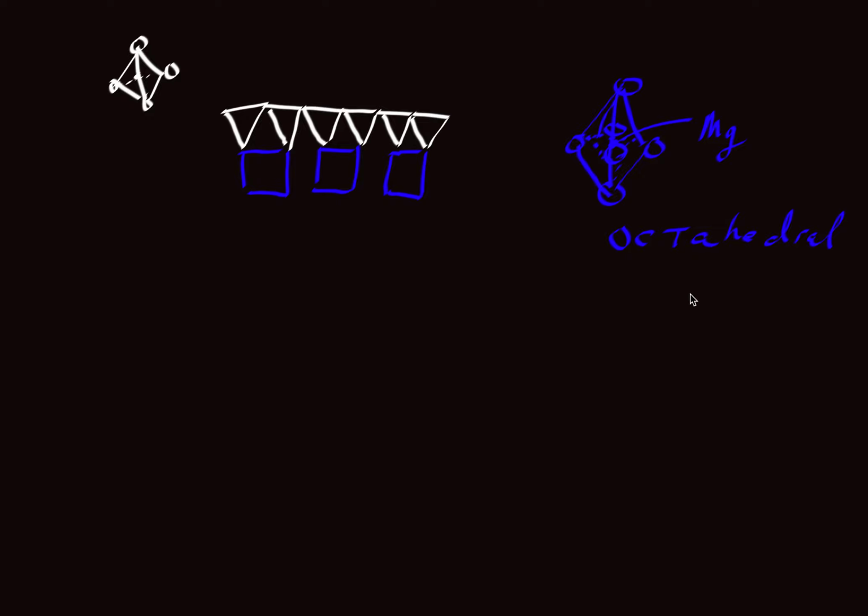So it's 6-fold coordination, but it makes an 8-sided figure, so it's an octahedron. So we call it an octahedral layer. So we'll just make that an O, and then we will refer to this fellow as a T layer, since it's tetrahedrally coordinated, and it makes a tetrahedron. So we have octahedral and tetrahedral occupancies for these various atoms.